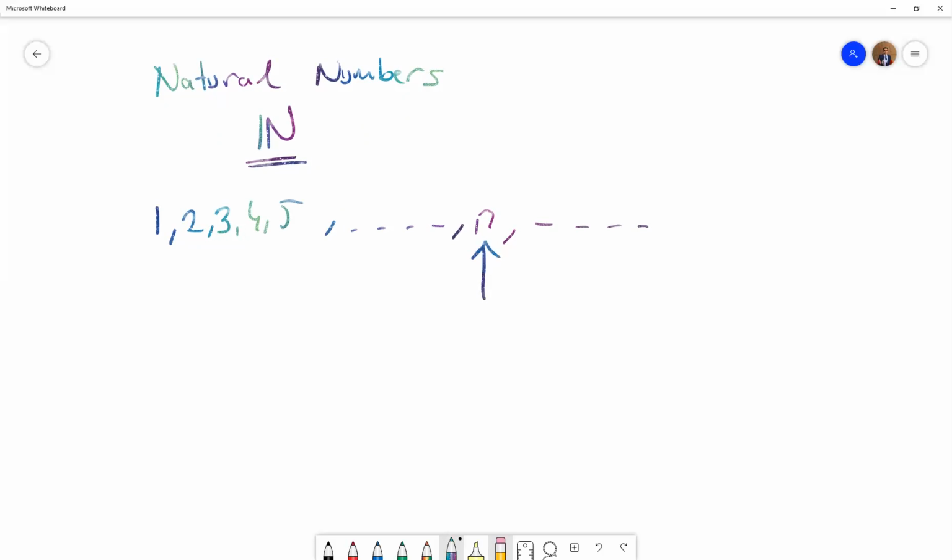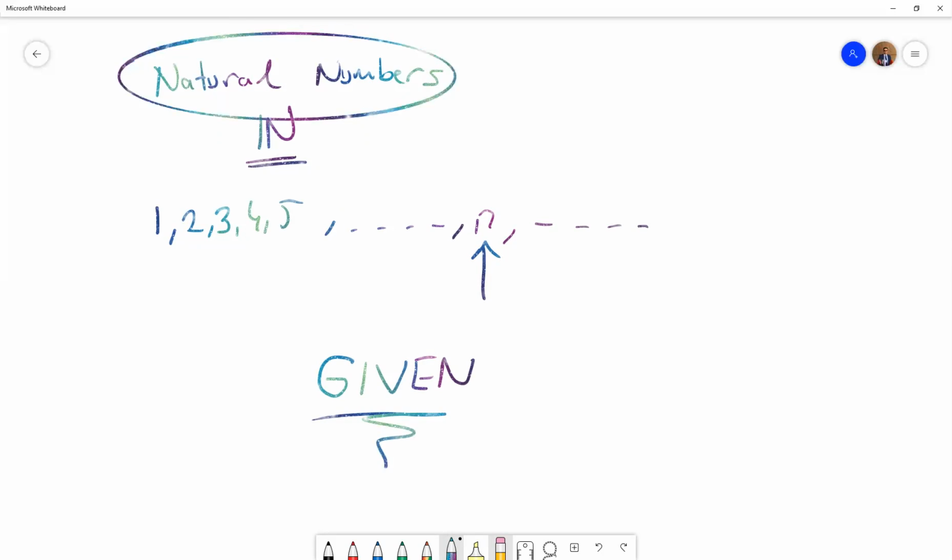Mostly we use N for natural numbers. You see, these are all numbers given in nature, so we use the term natural number for 1, 2, 3, such as we have 1 apple, 3 kids, 5 pillows, 11 football players. These are given, so we use natural numbers for these numbers.